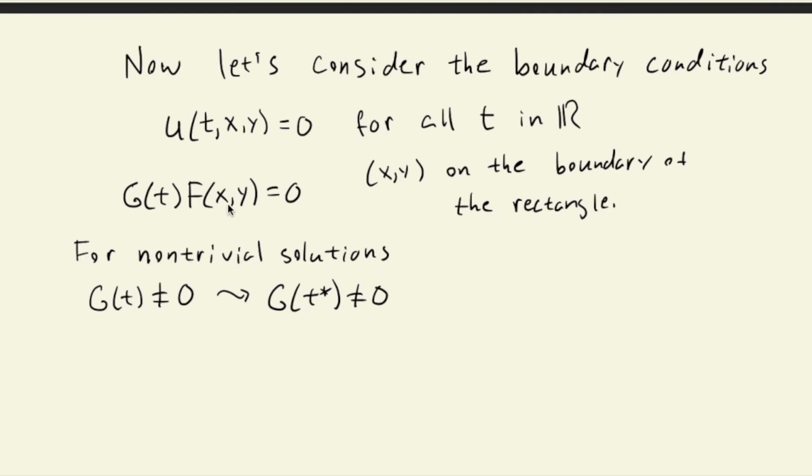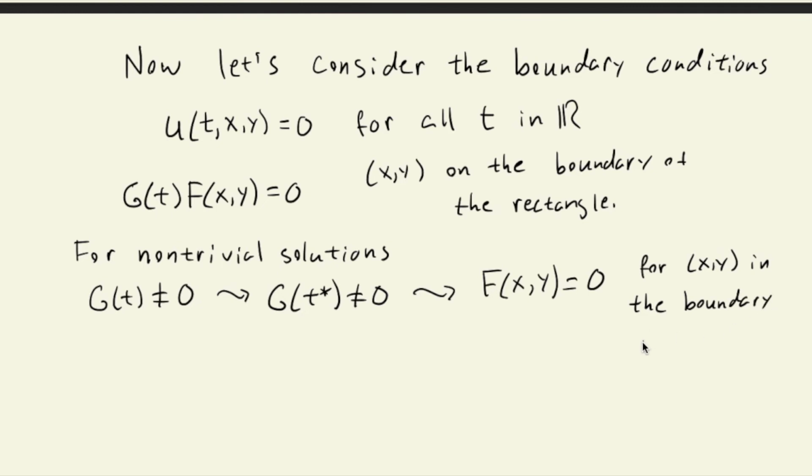And if that's the case, and this equation has to be true for all possible choices of time, it must be that f of x, y is equal to 0 for any x, y in the boundary of the membrane or rectangle.